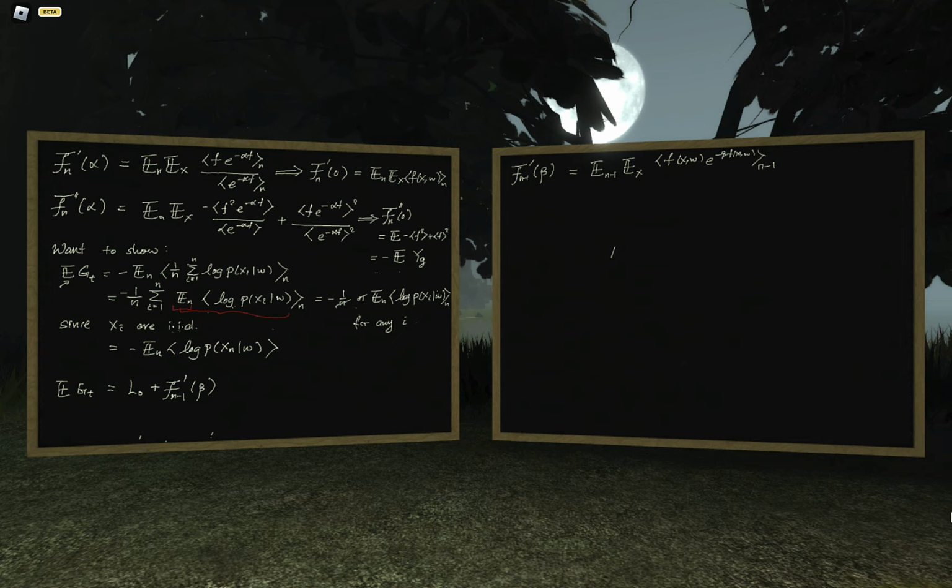There's an n dependency in the posterior itself, so you only use n minus 1. You don't use the last data point. Okay, and then you just start unwinding the definition.